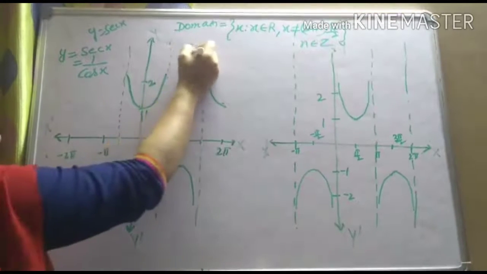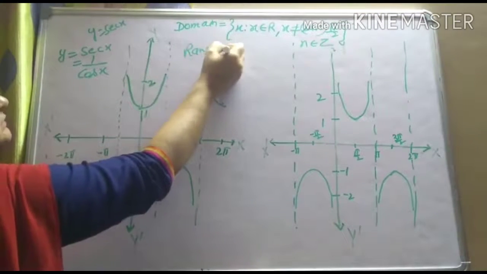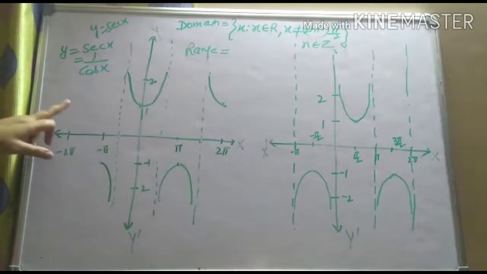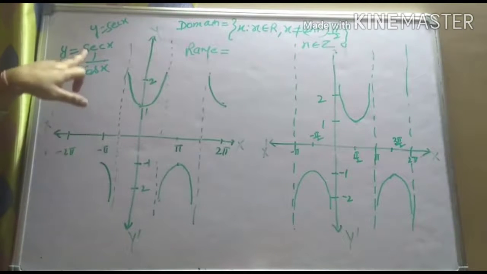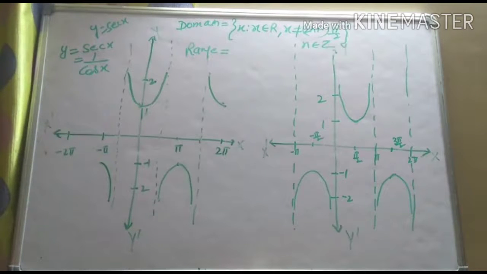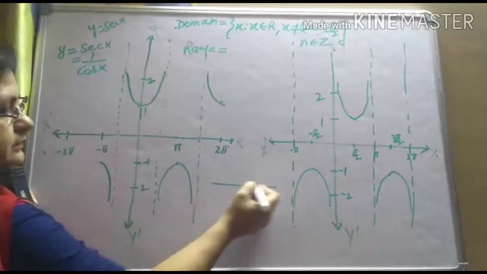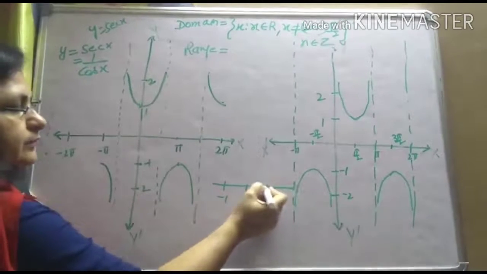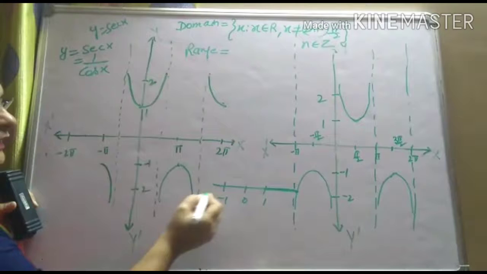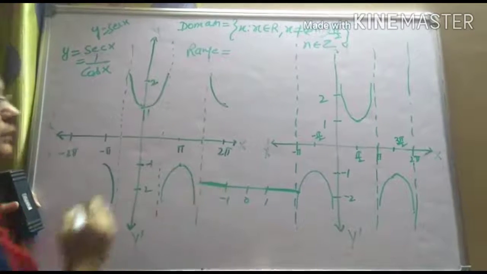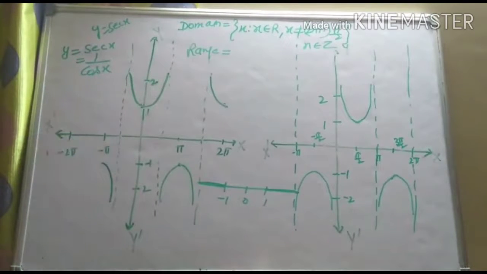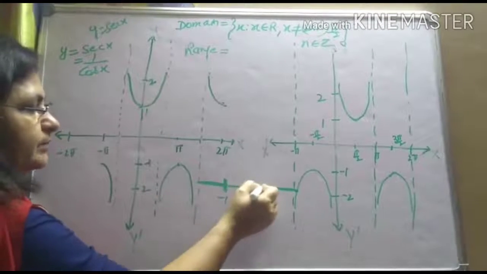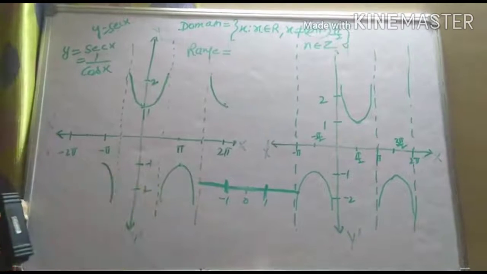Now, what is the range of the function? The value of y of the secant function lies from 1 to infinity and minus 1 to minus infinity. As we can see in the graph, there is no value between minus 1 to 1.